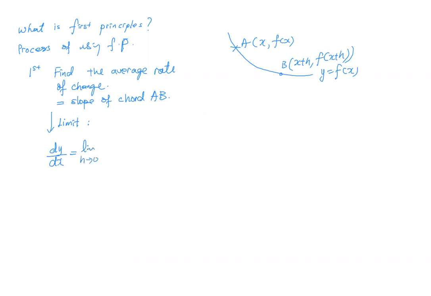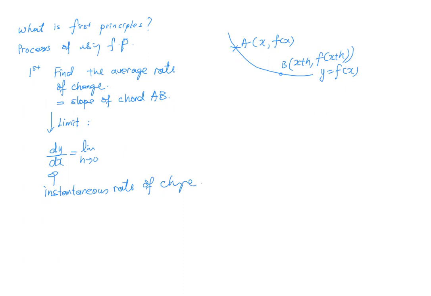So what is first principle? The first principle is estimating the average rate of change. Then as the estimation becomes better and better, closer, by using the sense of limit, we get the instantaneous rate of change. So this is called first principle.